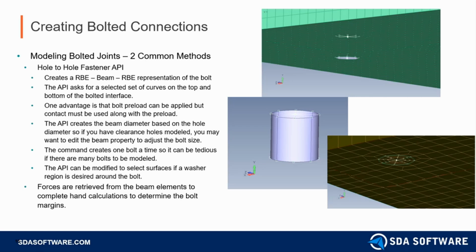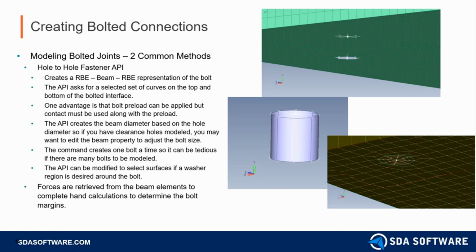It does create one bolt at a time, so it can be a little tedious. And if you're a savvy programmer, you can modify the API to select surfaces, if you desire a washer region around the bolt. And I've done that. I'll just briefly show that.